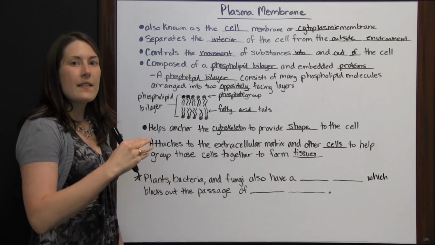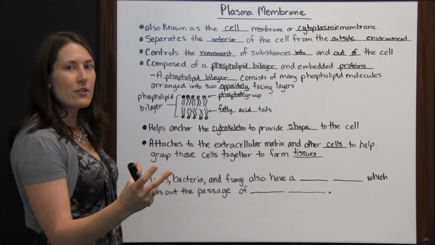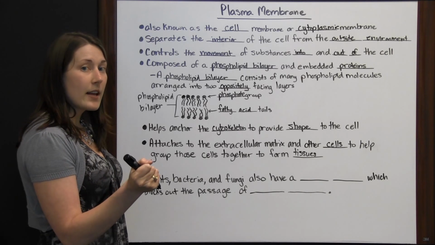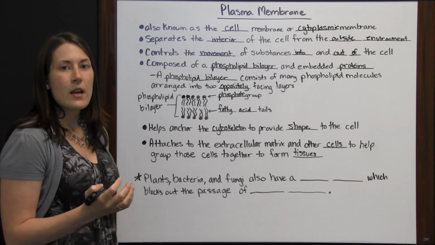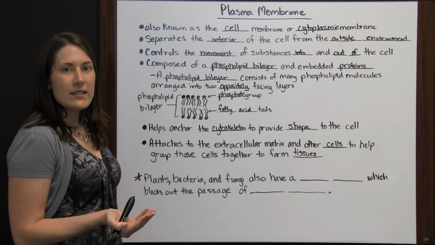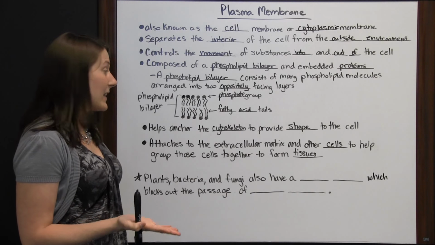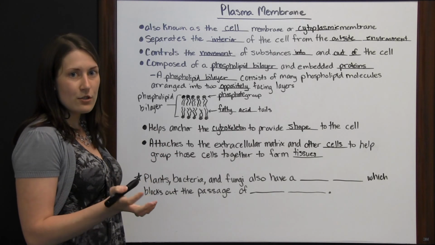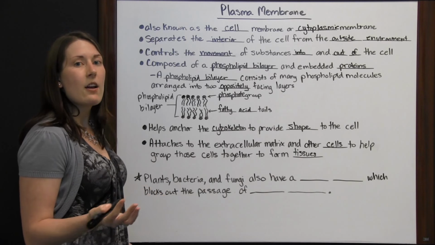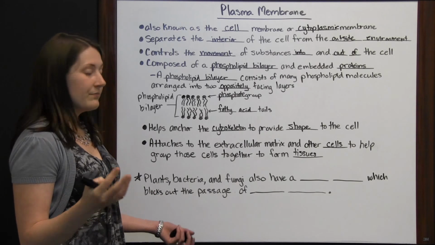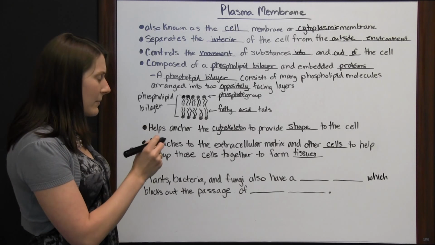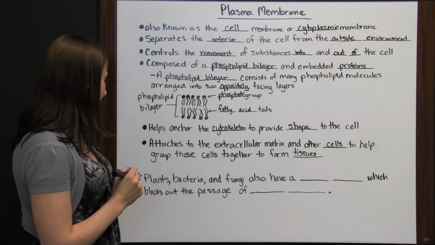On the outside, the cell membrane is reaching out to the extracellular matrix, to what's outside of that cell, and holding onto other cells to help group them into tissues. Because you usually don't see one cell by itself. Your body is made up of lots and lots of cells, and those cells group together to form tissues, and the tissues group together to form organs, and all together your organs form up your body and make you who you are. So the plasma membrane has a big role in that.